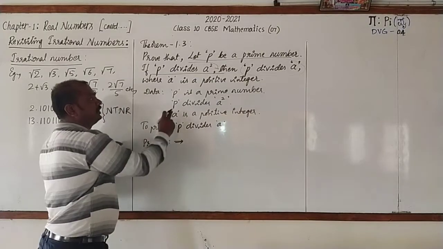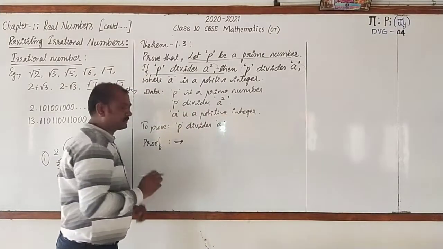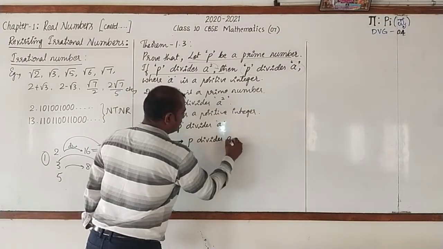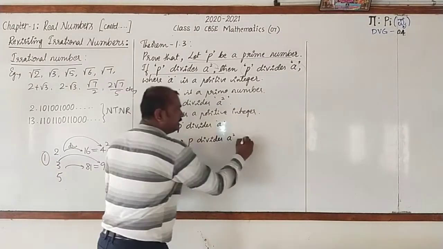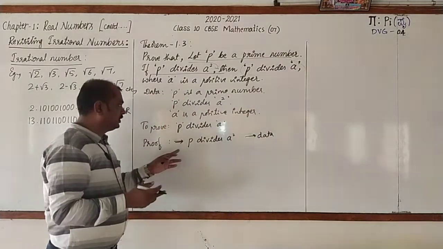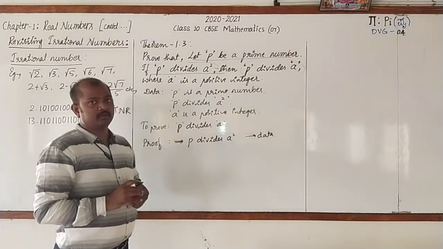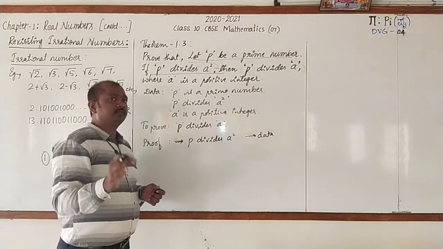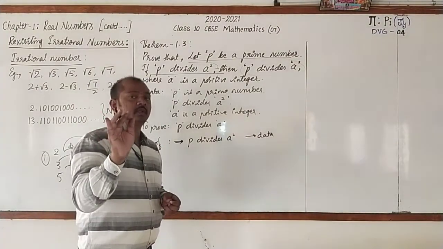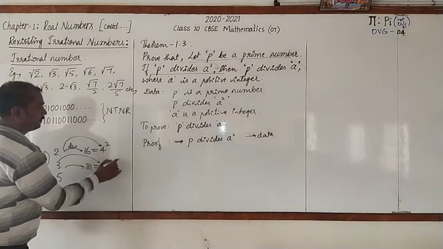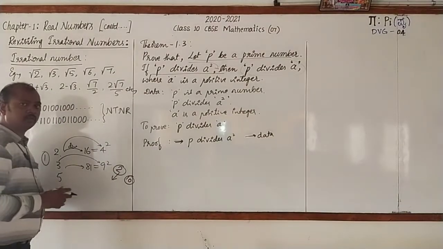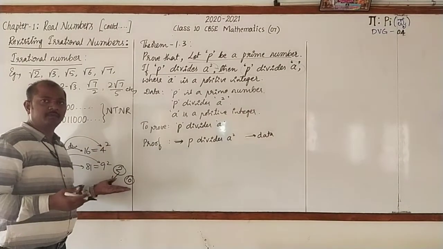What is it? They are given P divides A square. It has been written from the data. What does it mean? P divides A square. If 2 divides 10 completely, what do you call 2? 2 is a factor of 10.